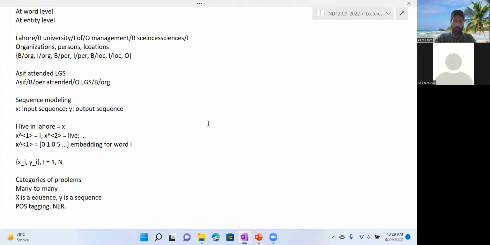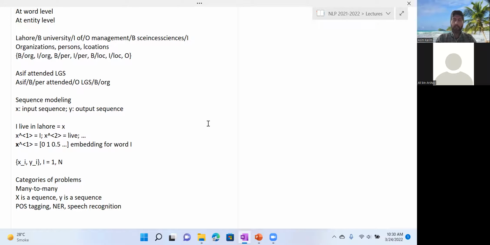And let's say even, for example, speech recognition. So X is a sequence of words emitted or spoken by a person, and Y is a sequence of the transcribed words of that person. Okay? So that would be speech recognition.